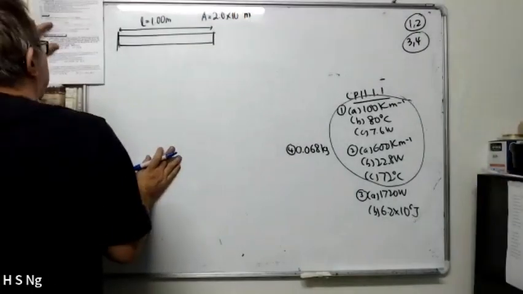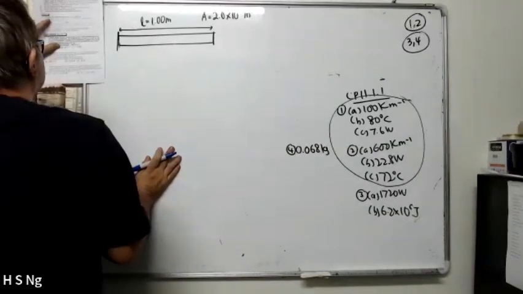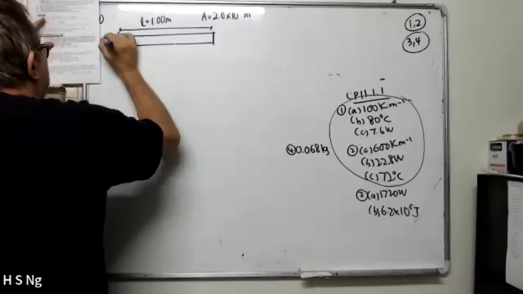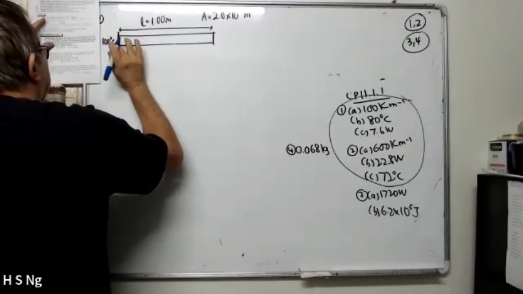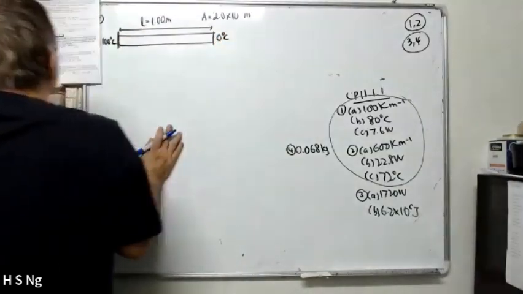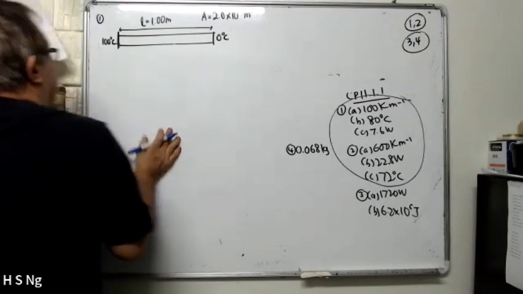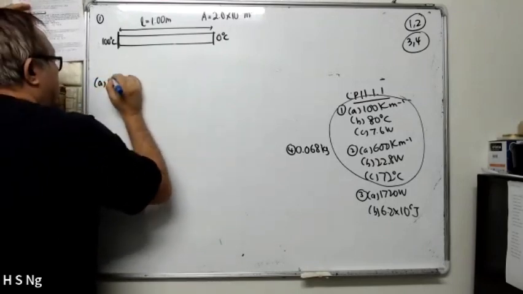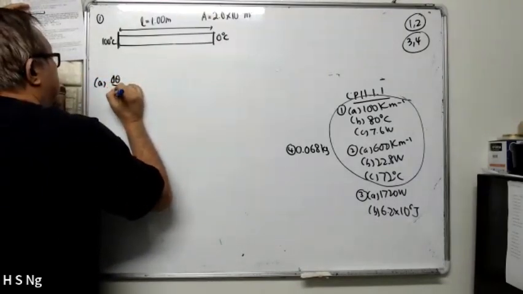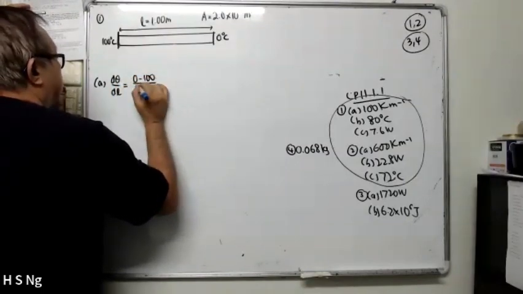A lead copper bar, length of 100 centimeter, cross-section area 2 centimeters square, thermal equilibrium, the ends 100 and 0. Calculate the temperature gradient along the bar. So again, the temperature gradient will be negative.